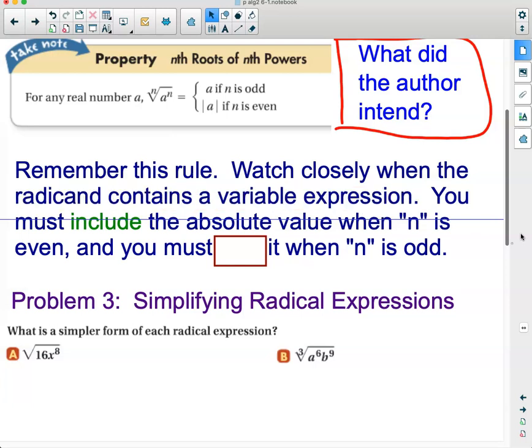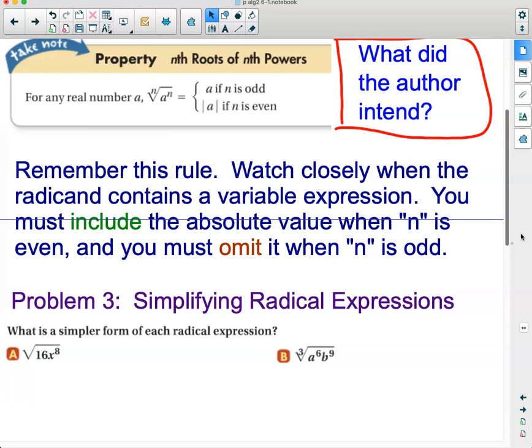Watch closely when the radicand contains a variable expression. If we have x's, y's, z's, whatever it may be, we have to include an absolute value when n is even. So we only need to worry about this if we're taking an even root, and you must omit it when n is odd. There's even better news: sometimes we will have an even root, but we won't need the absolute value bars.